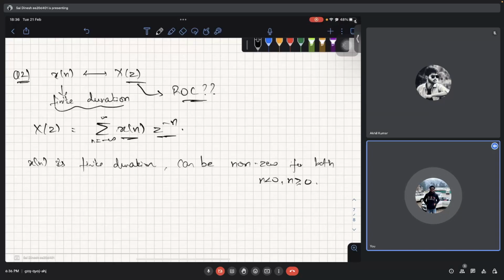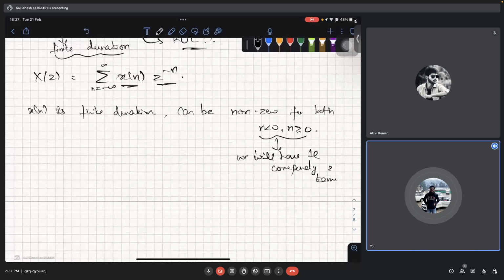In that case we will have many z terms and the corresponding z inverse terms. So if we have a z term, will there be a pole, or if we have a z inverse term, will there be, right?